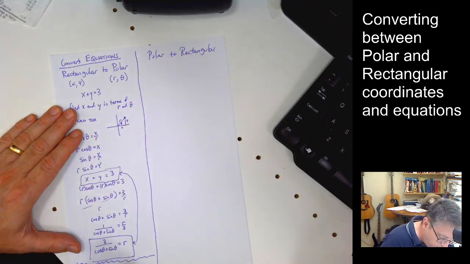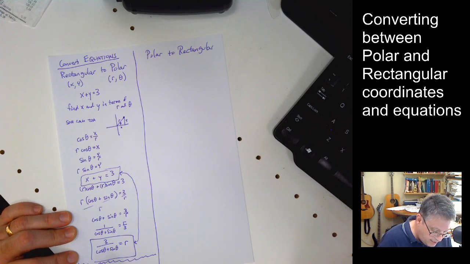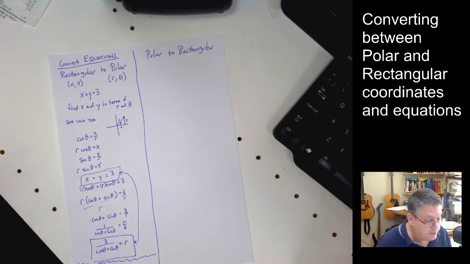So if you run across cosine squared theta plus sine squared theta, what is that going to equal? That's going to equal 1. You can take that whole thing out and stick a 1 in its place, which you might run across.